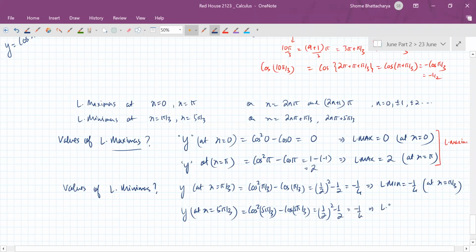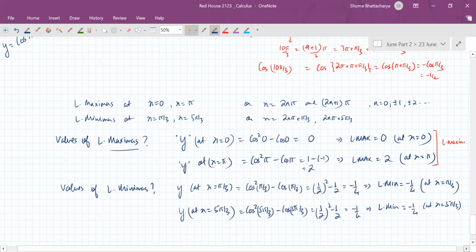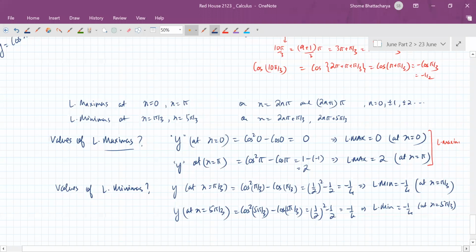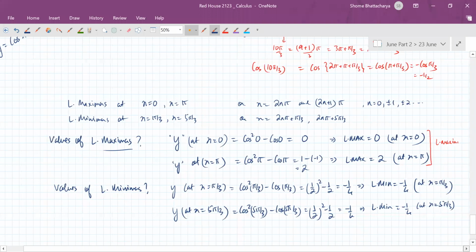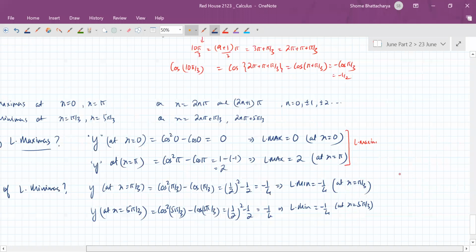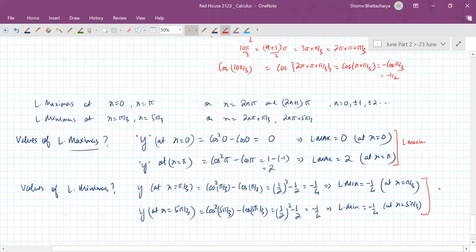So local minima is having a repeated value at both the points. Whereas local maxima was having two separate values, which means that the graph of this function is going to be quite interesting. We'll discuss. Okay. But our answer is complete over here. We have found out the local maximas and minimas. So these four are the answers. Two local maximas, two local minimas.